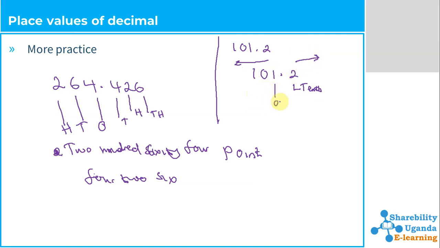So now this is going to be our ones, this 0 is going to be in our 10th, then this one is going to be in our hundreds. So our 1 is in hundreds, and then our 0 is in 10, then our 1 is in ones, then 0.210. Okay, this is 2/10.